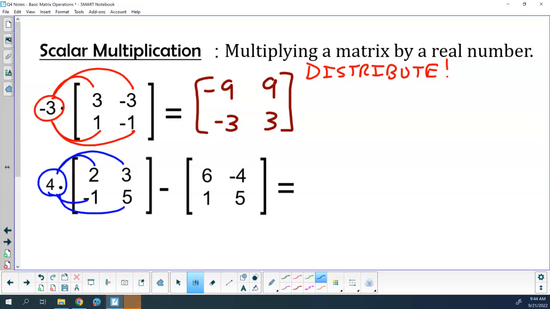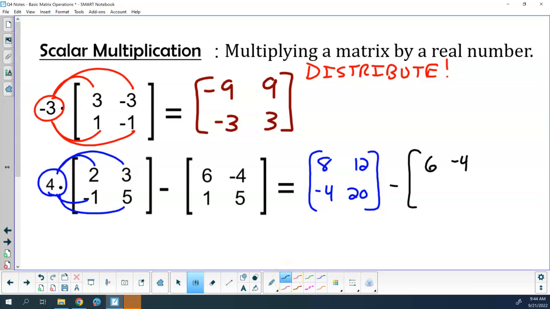So that would be 8, 12, negative 4, and 20. And then that would still be minus 6, negative 4, 1, and 5.